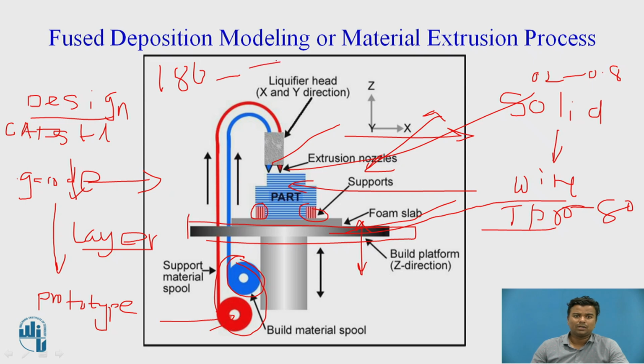For ABS material, it will be around 220 degrees Celsius. For PLA material, it is around 200 degrees Celsius. There is one more material, polyvinyl alcohol, where the temperature may be around 350 to 400 degrees Celsius.